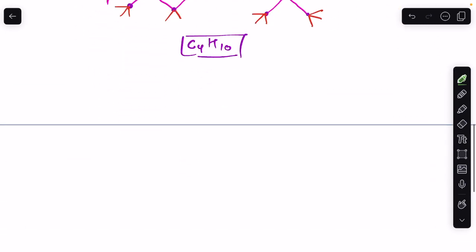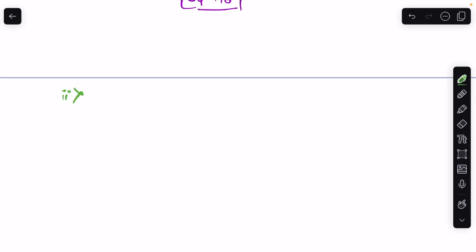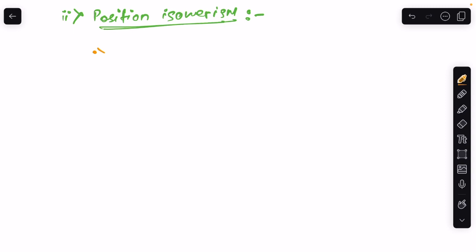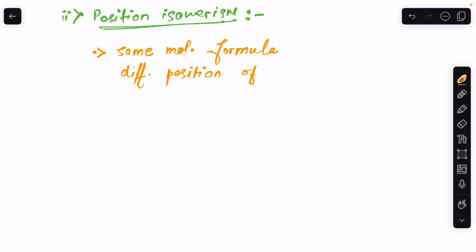Next one is position isomerism. Position isomerism is when two or more organic compounds have the same molecular formula, but a different position of a multiple bond or a functional group.